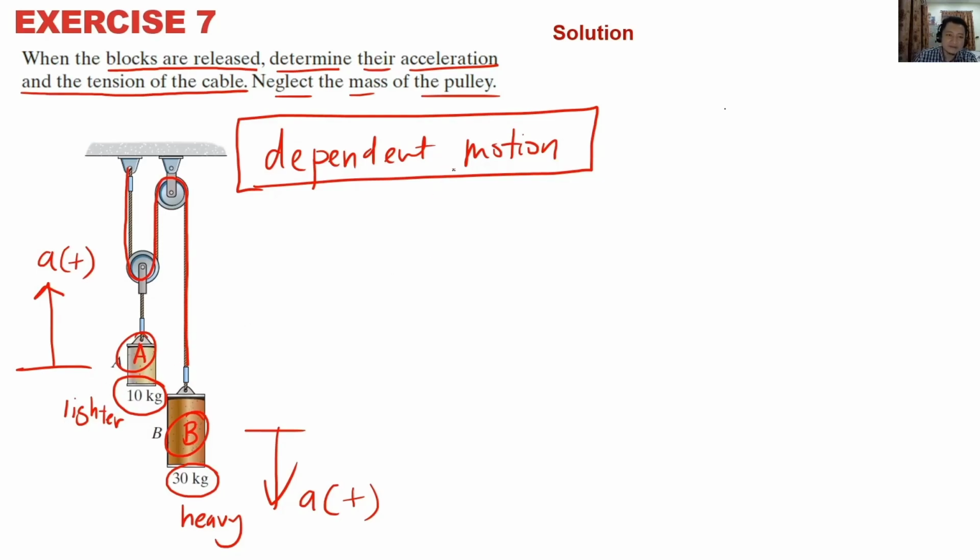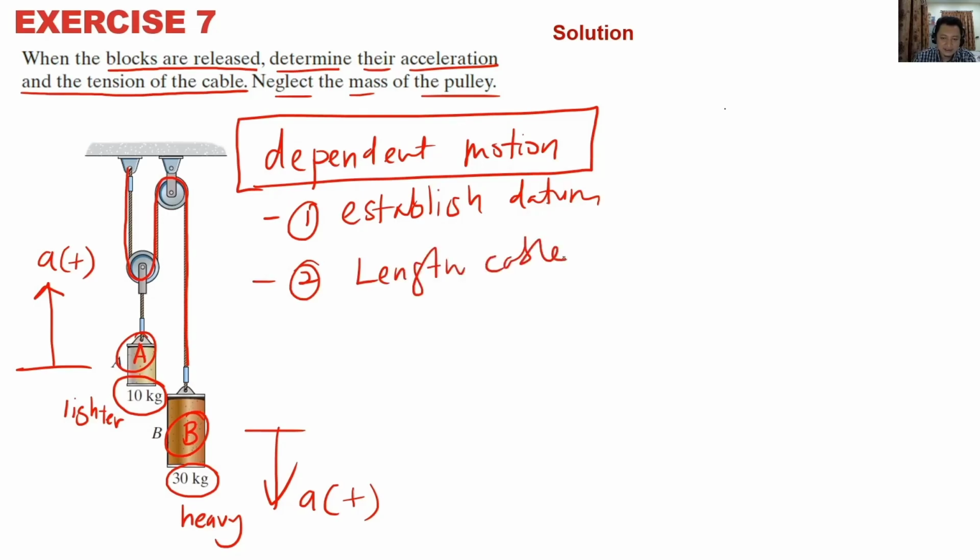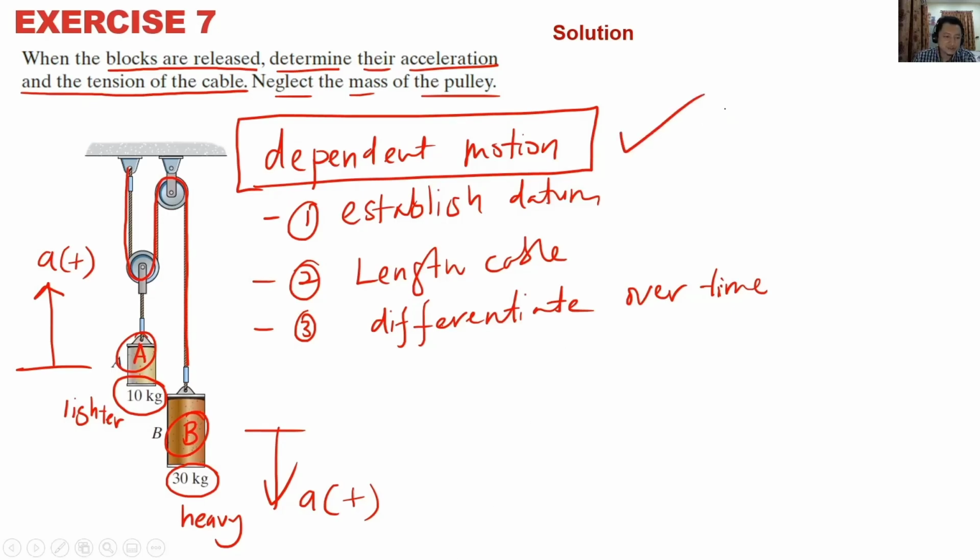This has been reviewed in the previous chapter, something called dependent motion. So when you are doing dependent motion, you need to, number one, establish datum, number two, get the length of the cable, and number three, differentiate over time. So these are the 3 steps you should do when you look at something with dependent motion.